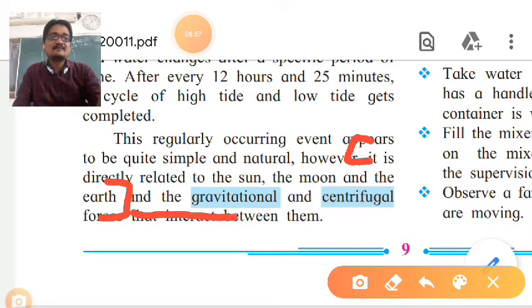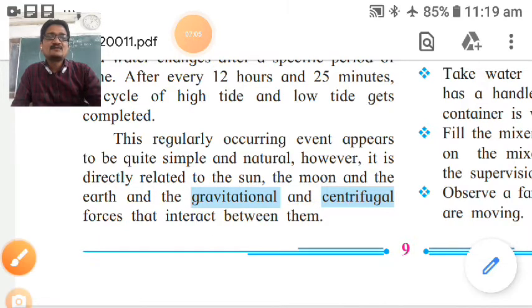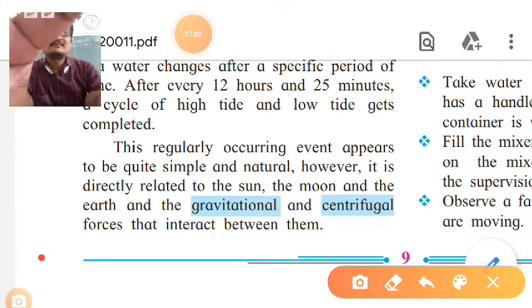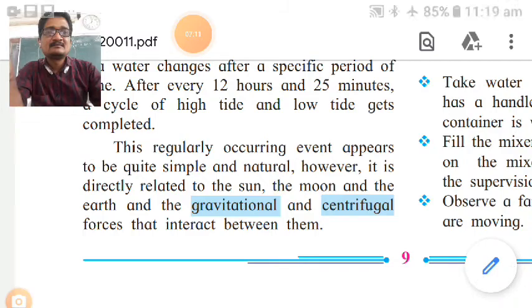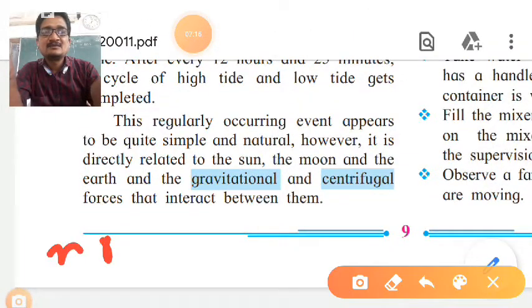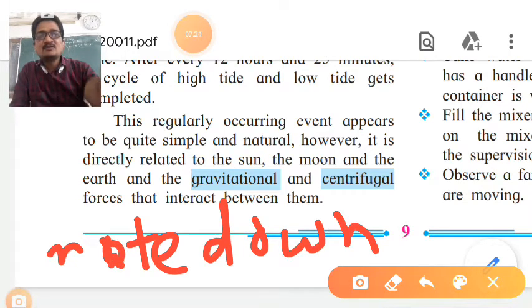This point you can note down properly in your notebook.